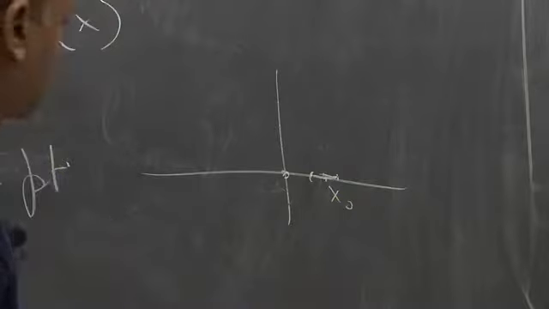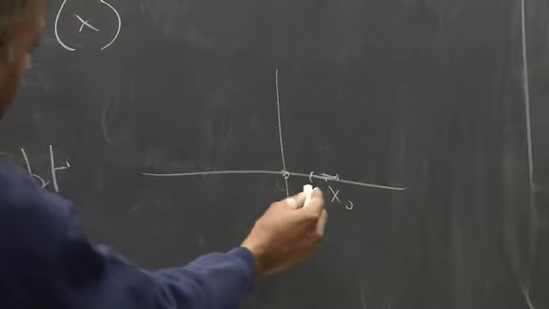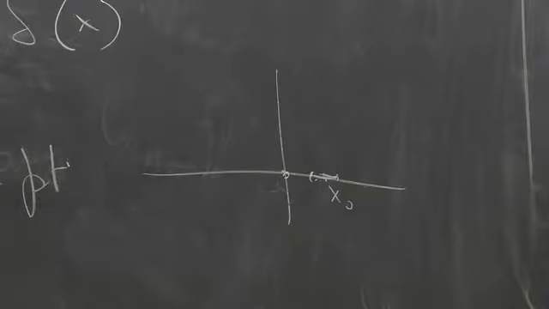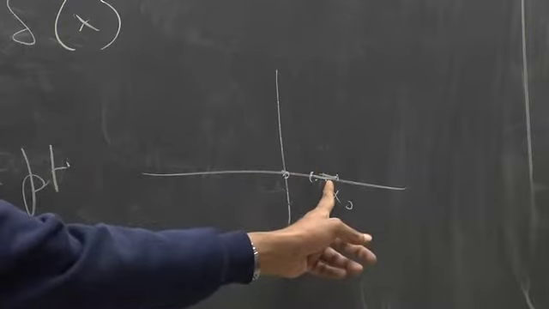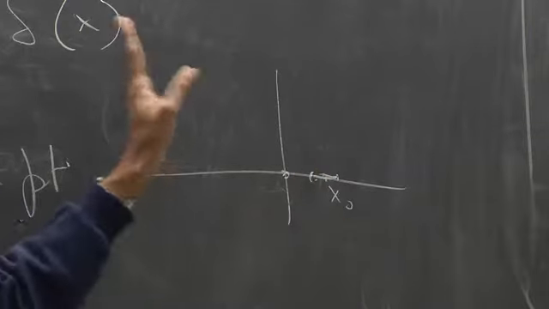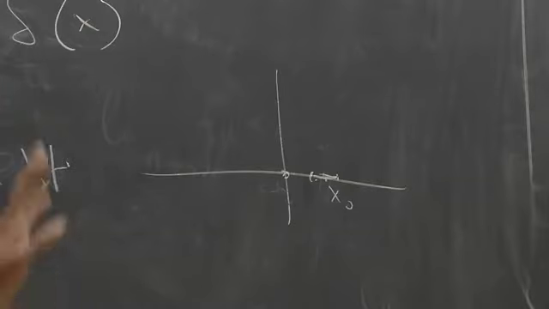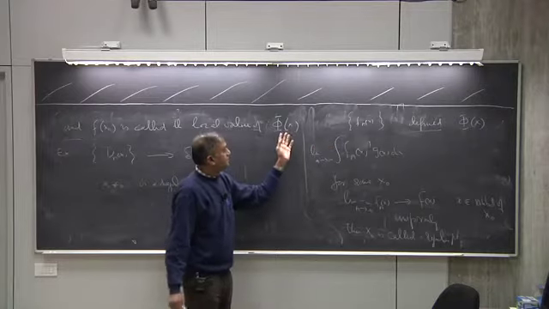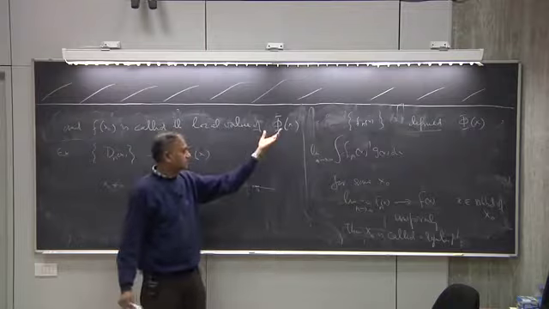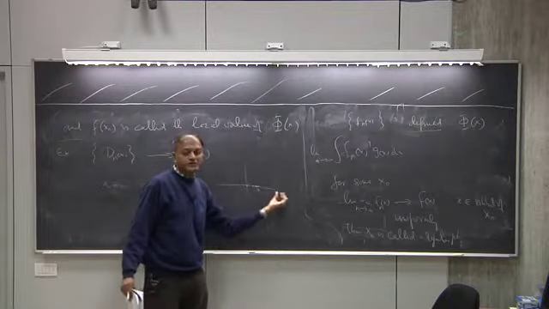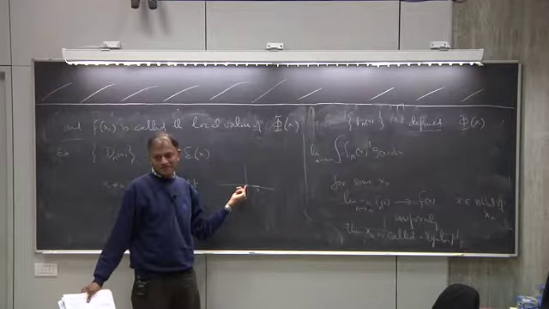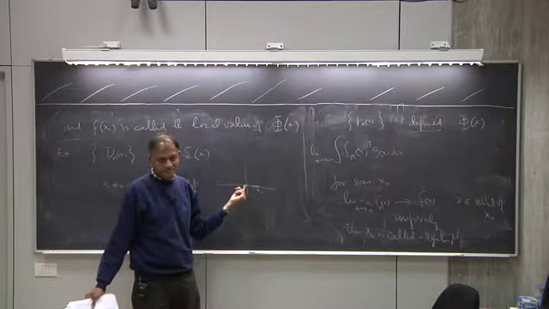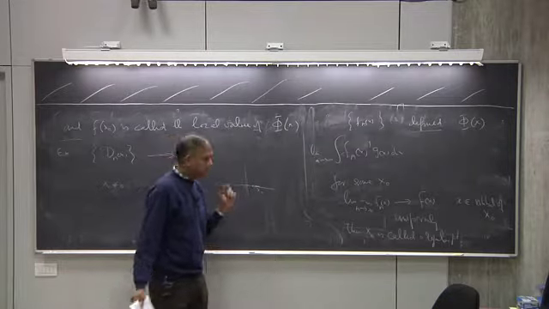So the dnx will converge uniformly in this neighborhood to 0. So x naught is a regular point, and the local value of the delta function at x naught is 0. So at the regular points, you can really think of the generalized function as an ordinary function there. But then there are points where you cannot think of it as an ordinary function. So this is the idea here.